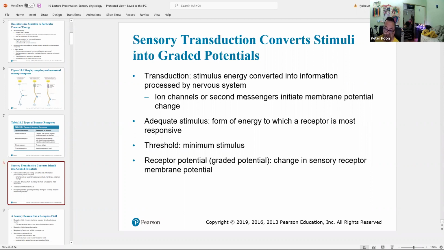Transduction is moving from one sort of energy into another. Usually light, smell, or some stimulus energy is converted into electrical signals by the nervous system.